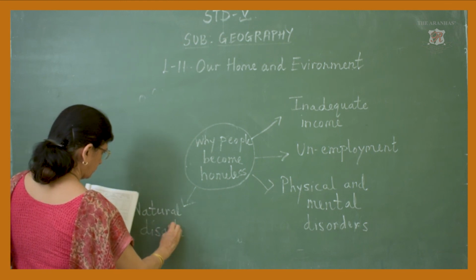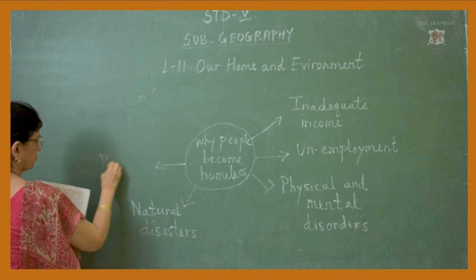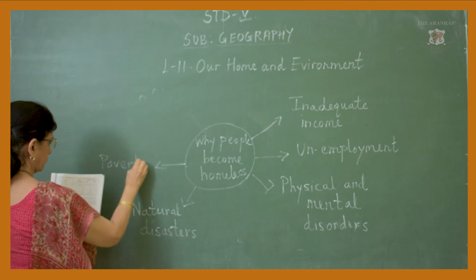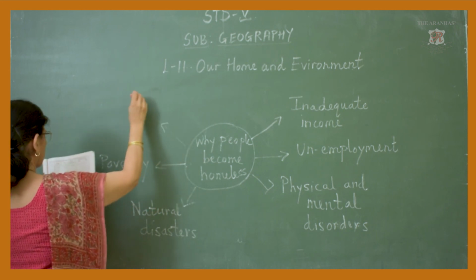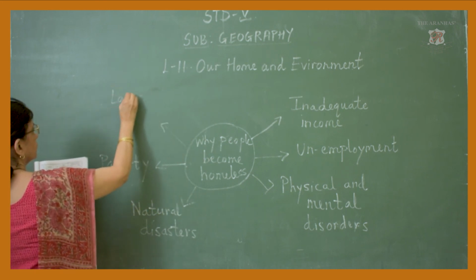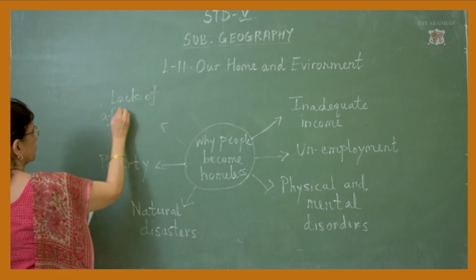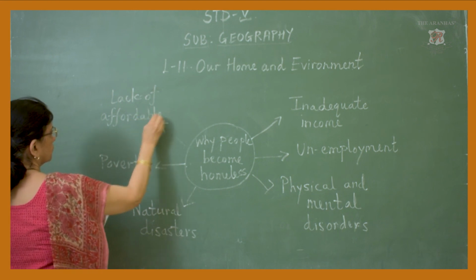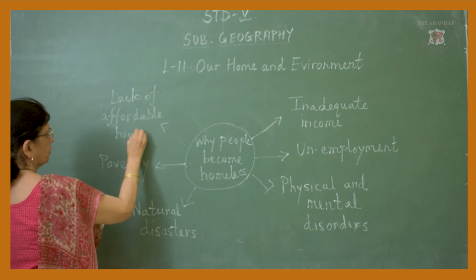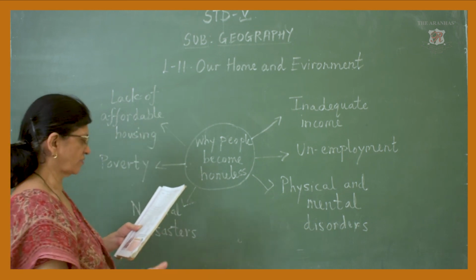Then poverty, and lack of affordable housing. They are not able to buy a house because it is expensive.